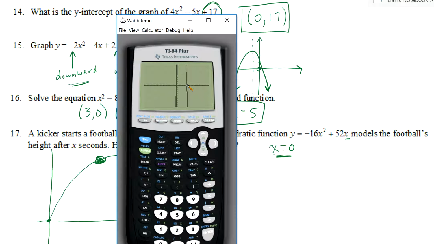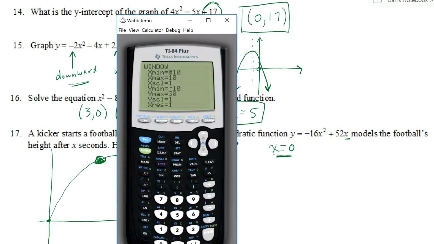You wouldn't have to, because right here is where it hits the x-axis, but I like to see my whole parabola. So I'm going to change my height, which is my y max, to 20 feet. Now let's go 30 feet in the air and see if I see the whole thing yet. Oh, I don't. I also can change my min.